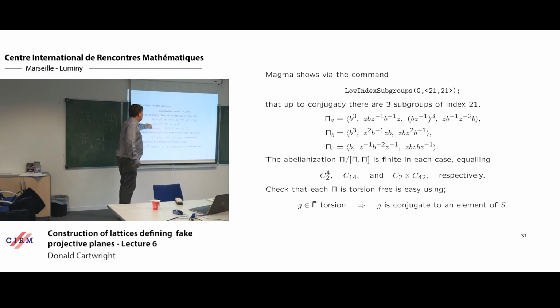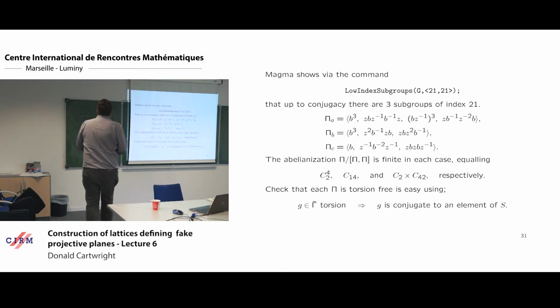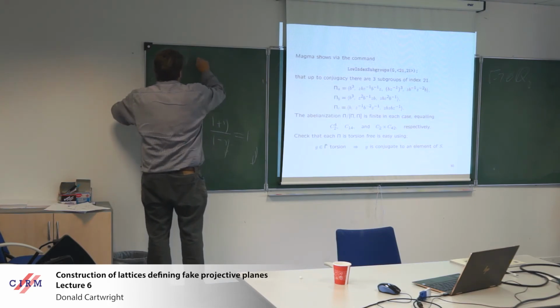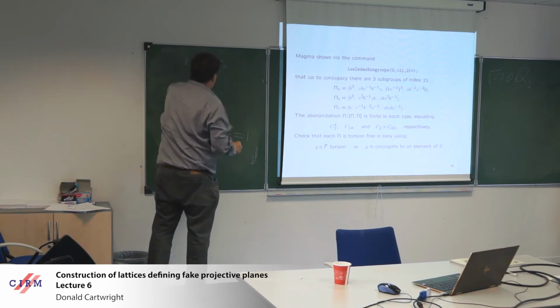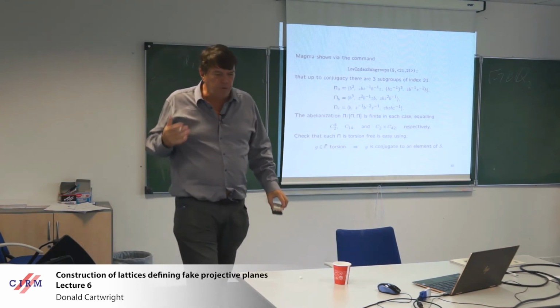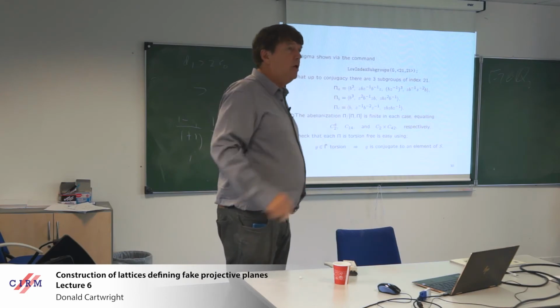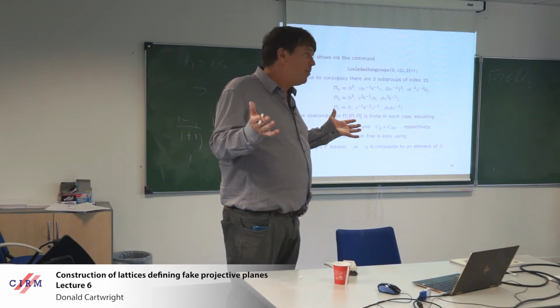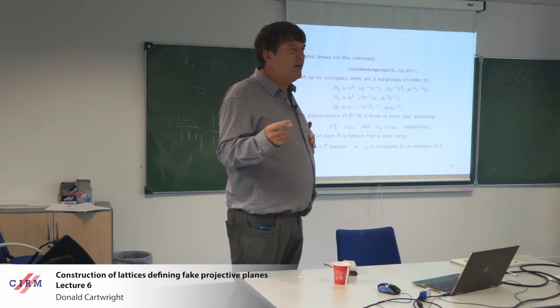So anyway. Then you also have to check that these groups pi are torsion free, and that's easy when you have a set of conjugacy class representatives for the torsion elements, and every element of finite order is conjugate to an element in S. And so S is a set of only 987 elements, and so you just run through and work out which ones have got finite order.